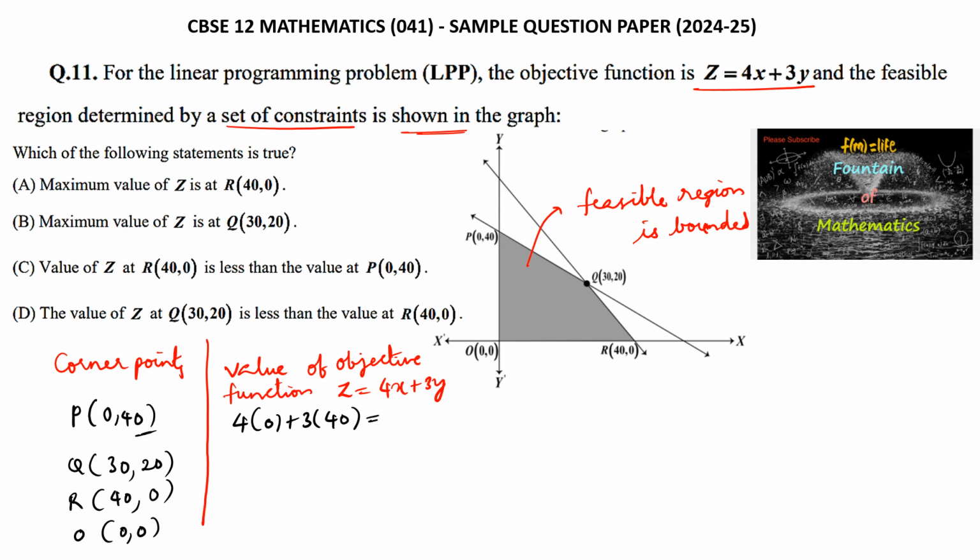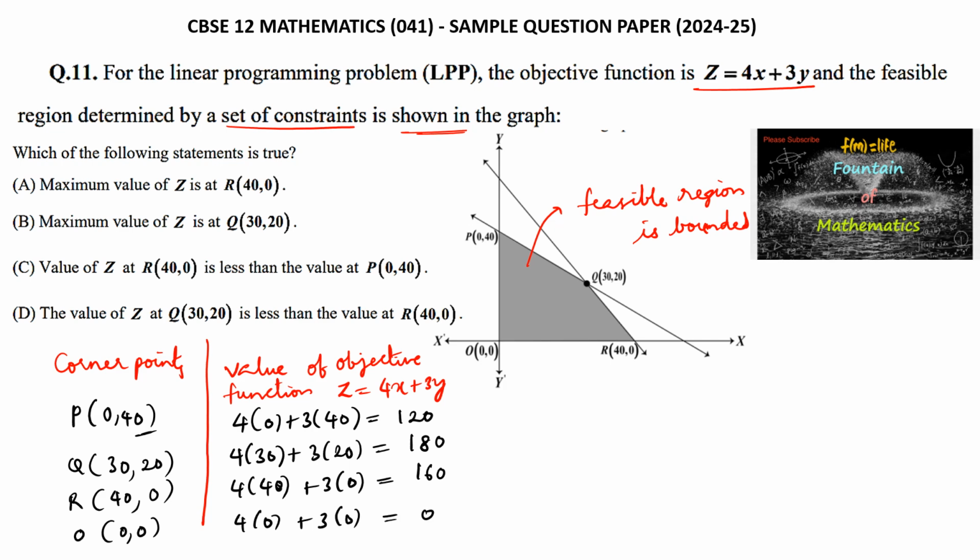So 0 plus 120, and here 4 times 30 plus 3 times 20, that is 120 plus 60 is 180, and here 4 times 40 plus 3 times 0 which is 160, and here 4 times 0 plus 3 times 0 which is equal to 0. So the value of the objective function, clearly we can say that it is maximum at the point Q (30, 20).